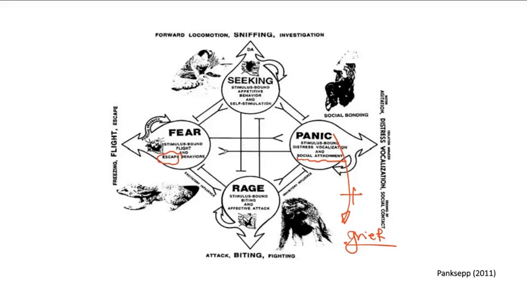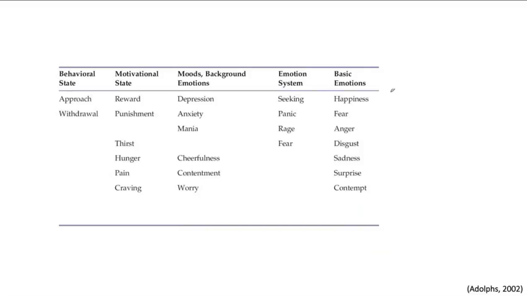There are ideas that these are different emotional systems working together. And then the idea of, okay, there are some basic emotions: happiness, fear, anger, disgust, sadness, surprise, contempt. So some basic emotions that are independent from each other.